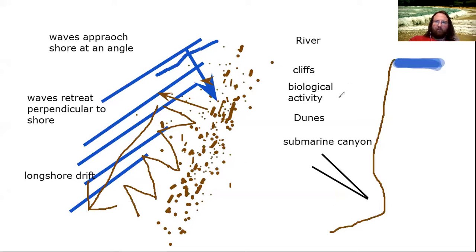All right, let's see how this plays out on longer time frames. Going back to the whiteboard. So we have a bunch of waves coming in like this, going at an angle like this. Your net direction of drift is going to be like so. So there are a couple different sources and sinks of sediment.